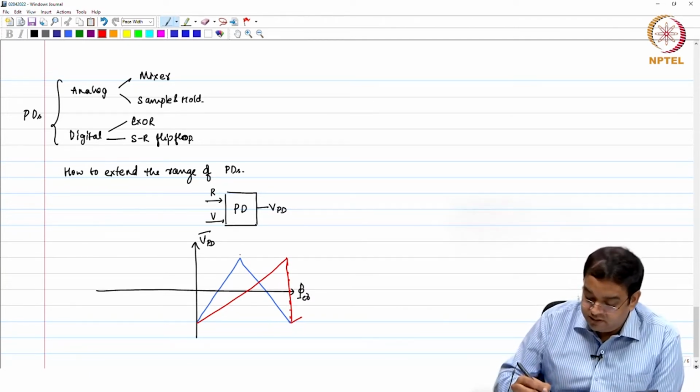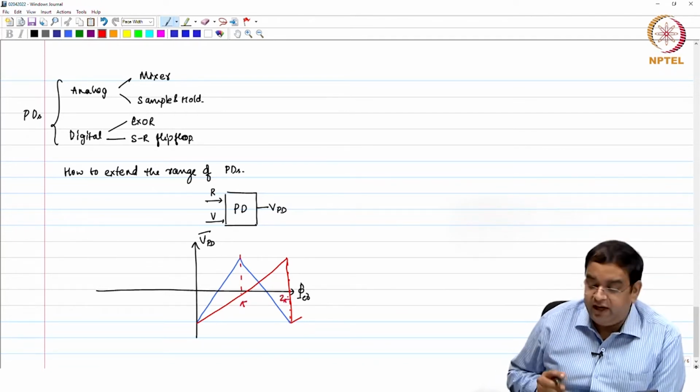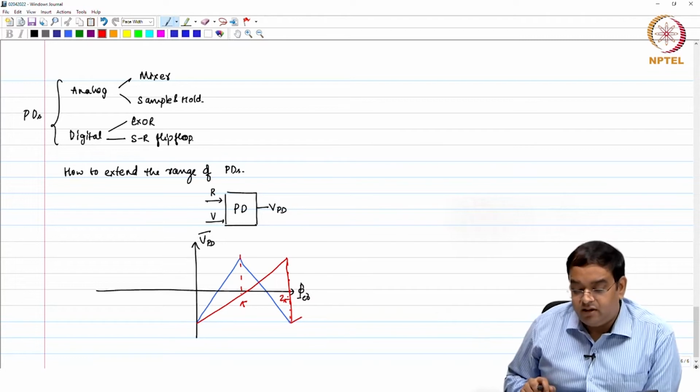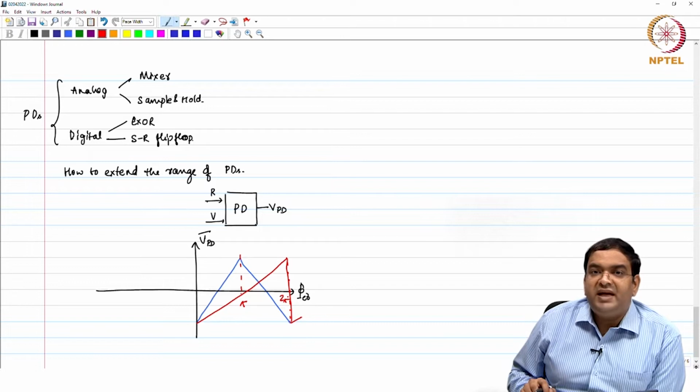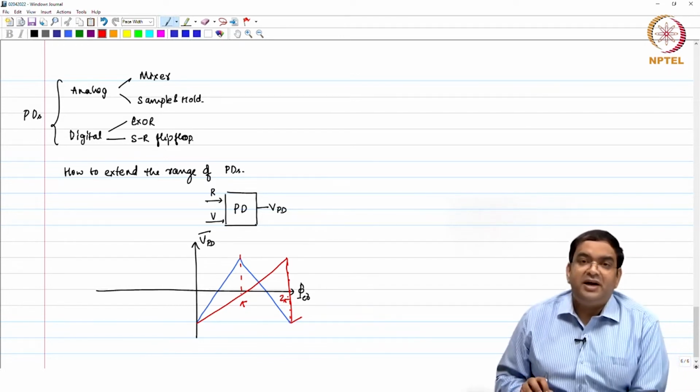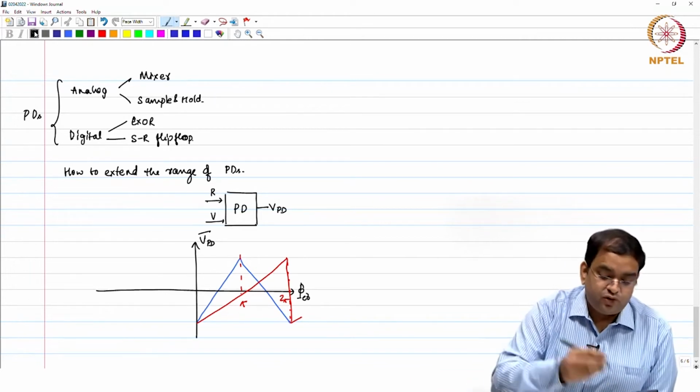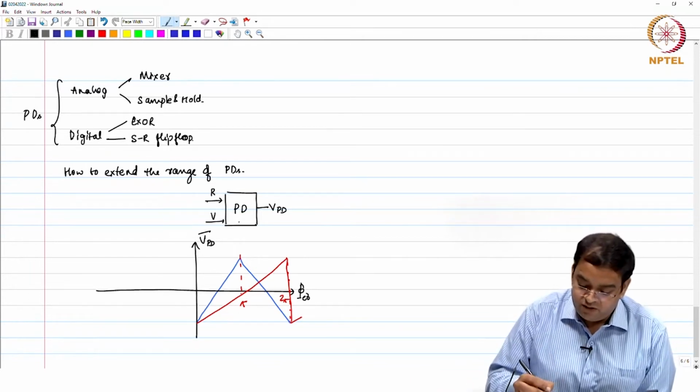So, this linear range is, this is pi, and by the way this is 2 pi, it does not extend more than that. So, what I want to do is extend the range of the phase error between R and V signals. The PD which we have operates on these two.